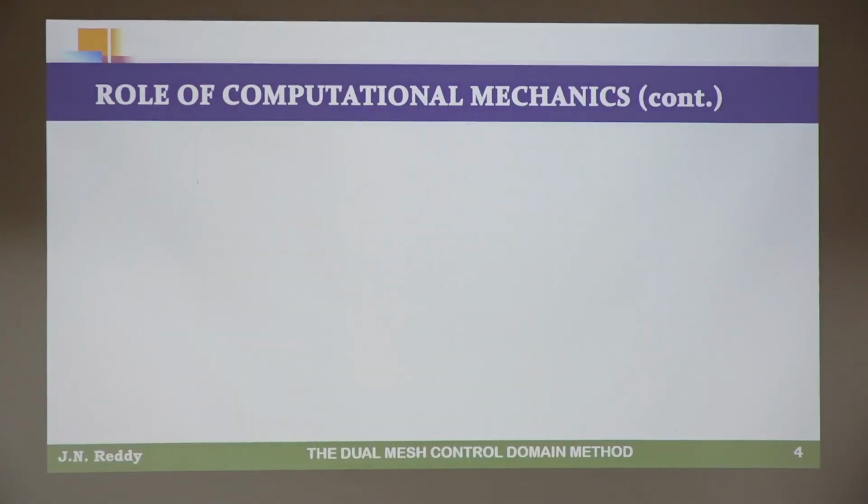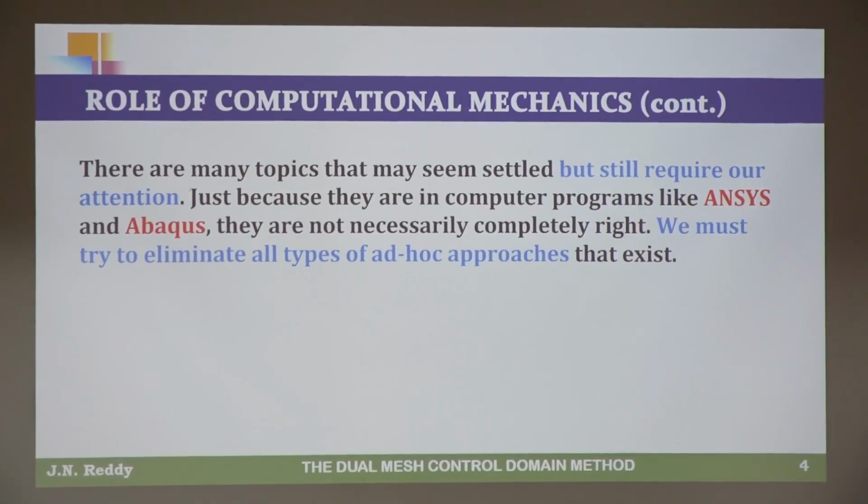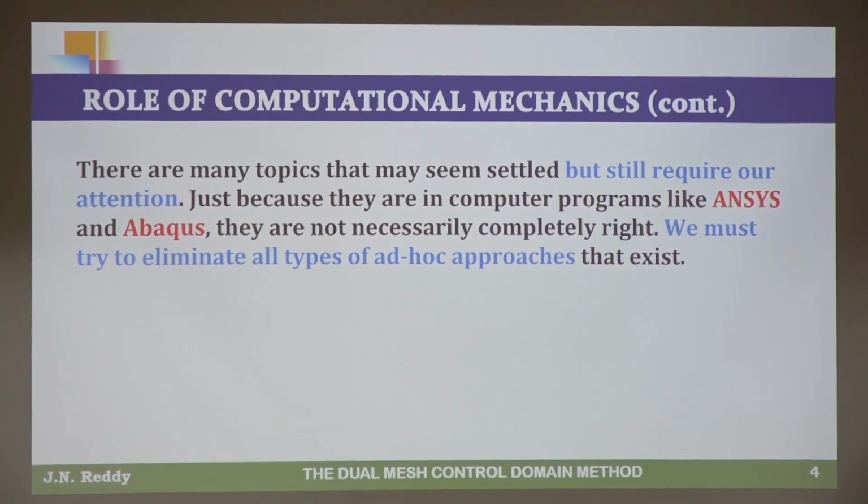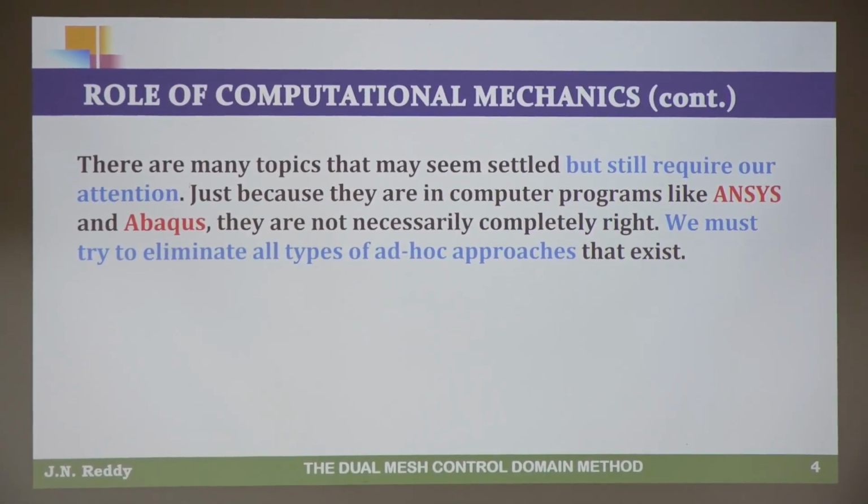Okay, with that, let me mention one other thing. There are many topics that are in commercial codes. Abaqus, ANSYS, COMSOL, name it. All of these, CATIA for automobile, but all of those are based on research that was carried out many, many years ago. And there are a lot of fixes.